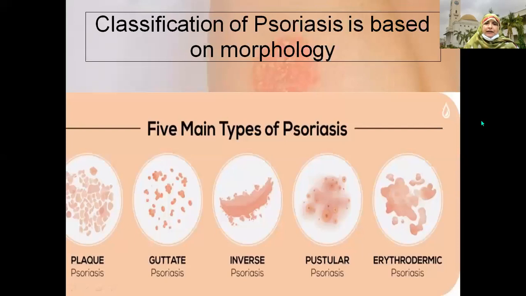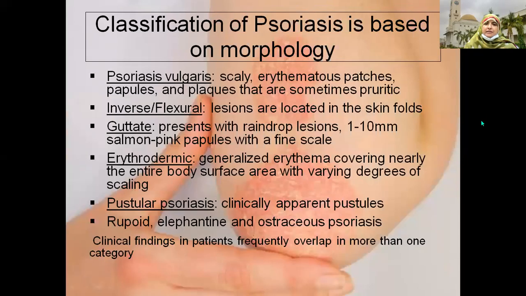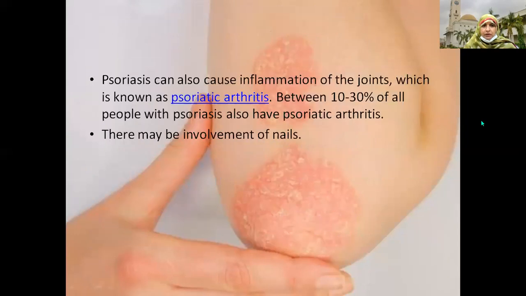Then we classify the psoriasis clinically, that is on the basis of morphology, into different types. 5 main types, but other types as well, according to the site, according to the different involvement, but mainly these 5 types, which we will discuss one by one. These are the plaque type, the guttate psoriasis, the inverse psoriasis, the erythrodermic psoriasis, pustular psoriasis, and few other types.